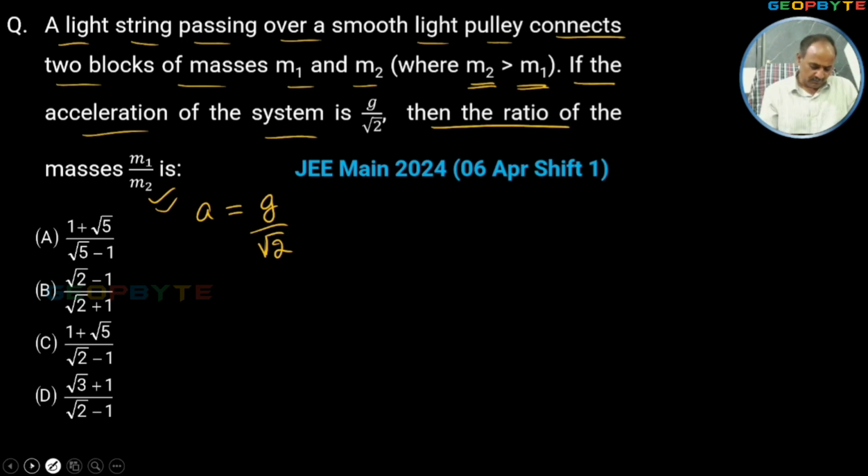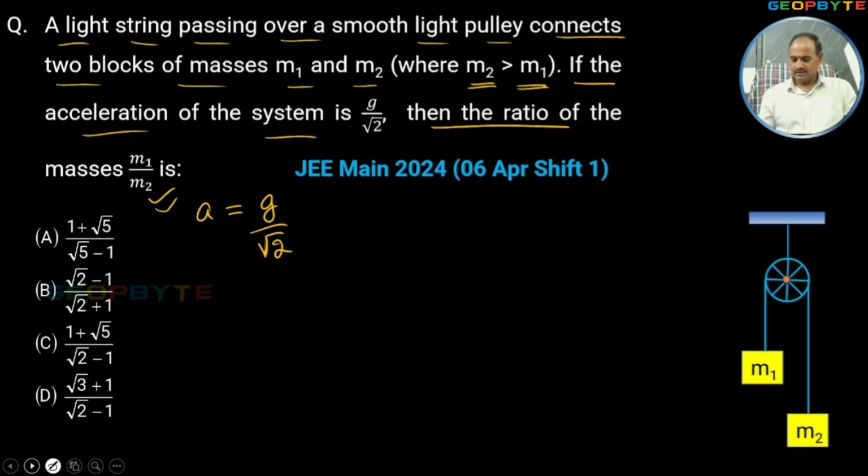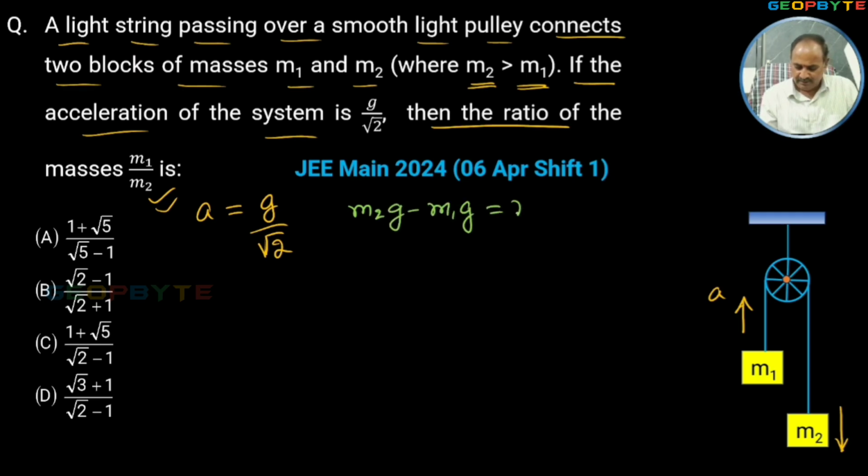Almost a similar problem we have done like this. Look at the arrangement. It is given that m2 is more than m1, so it is moving like this. m1 is going up. Okay. For this case, I can write that m2g minus m1g must be equal to m1 plus m2 into a.